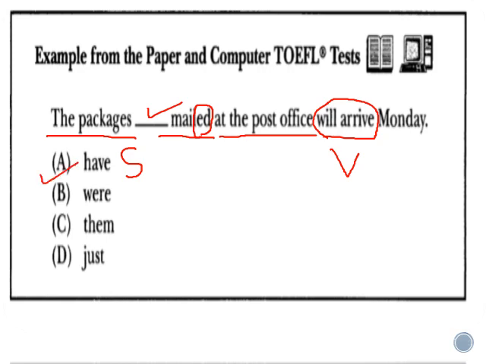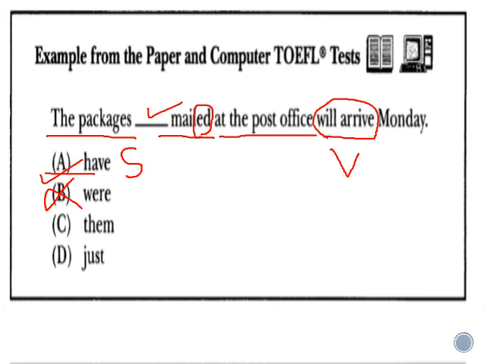If we put "have" here, we will have two verbs: "The packages have mailed will arrive." So this is a wrong choice. The same is with "were": "The packages were mailed will arrive." Also here we will have an extra verb, so this is a wrong choice.